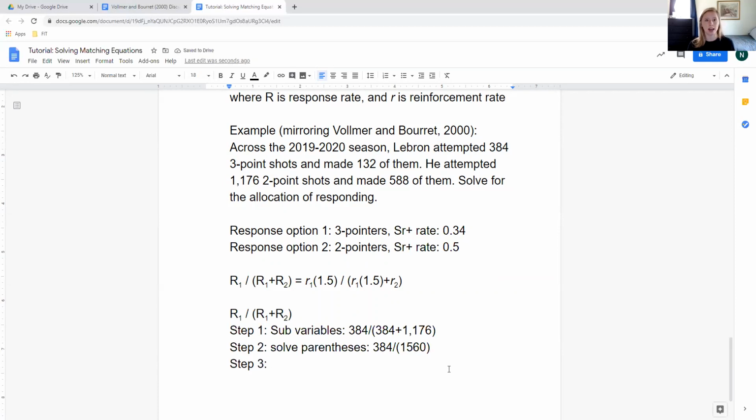We're not going to get into adding free throws to that because that just gets really messy. Now, lastly, we're going to divide what's left. So 384 divided by 1,560 is 0.246, so 0.25. So 25%, or a proportion of 0.25, of responses were allocated towards 3-point shots.